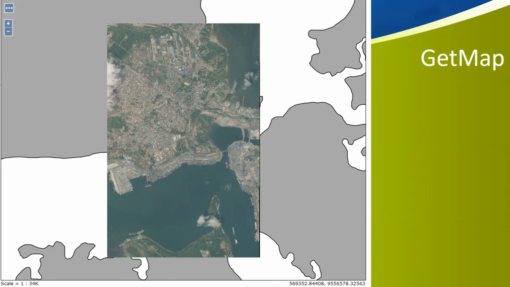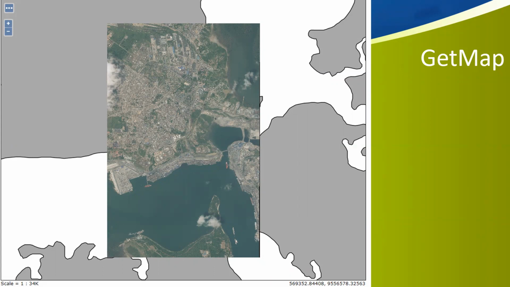You can just pick up some URLs, several layers, and display some phenomena or some theme, depending on what you want to visualize. So this is just an example to show you that you can overlay two different layers.